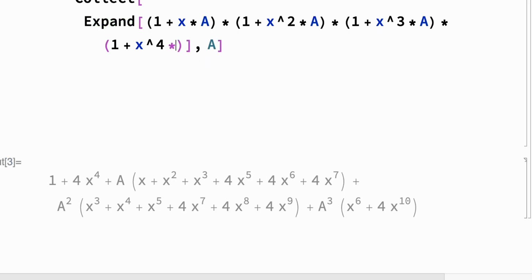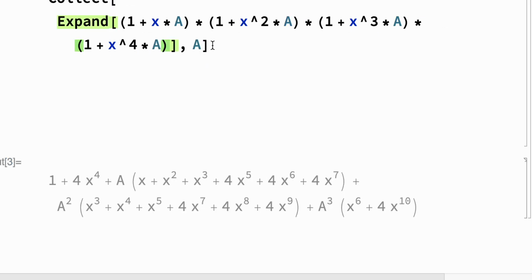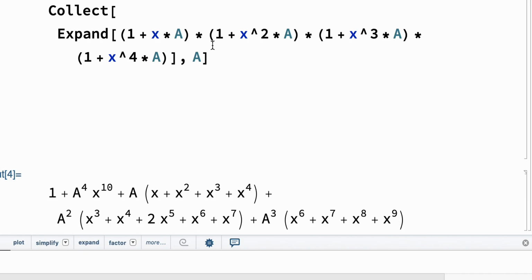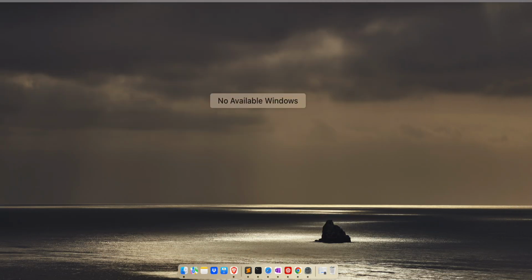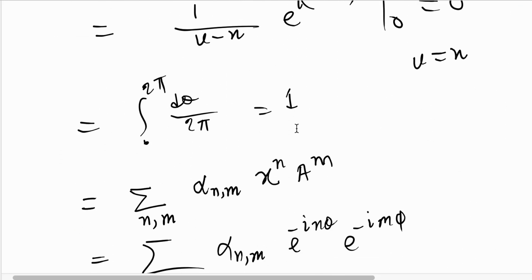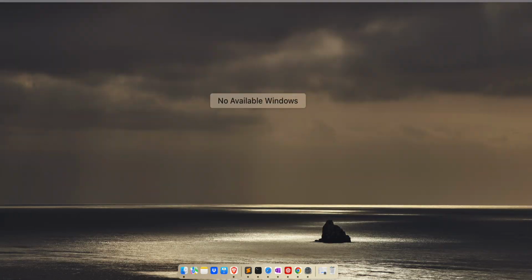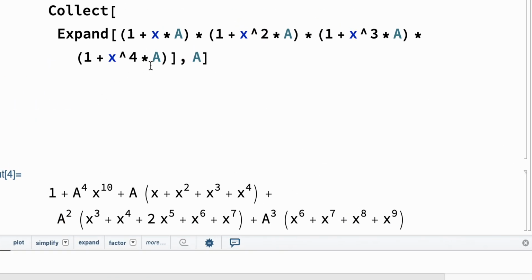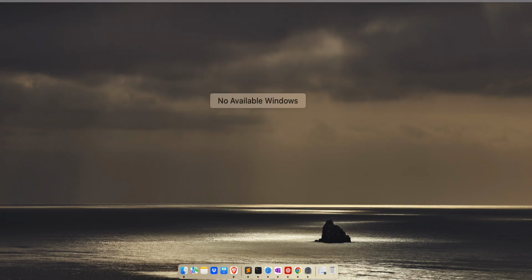It is not correct, because I put a 4 here in place of a. Now it is correct. That's why it was seeming odd to me. What I did wrong here is that in place of a, I put 4.